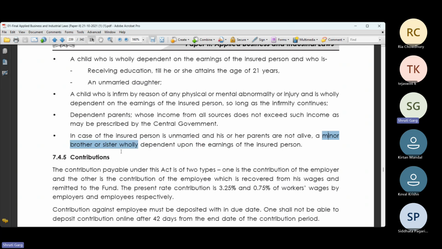Minor brother or sister who are wholly dependent upon the earnings of the insured person may also be covered. But they should be wholly dependent upon the earning of the employee. They should not do any job or have some other source of work.